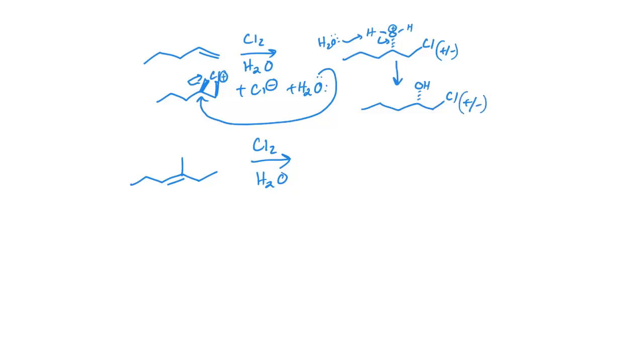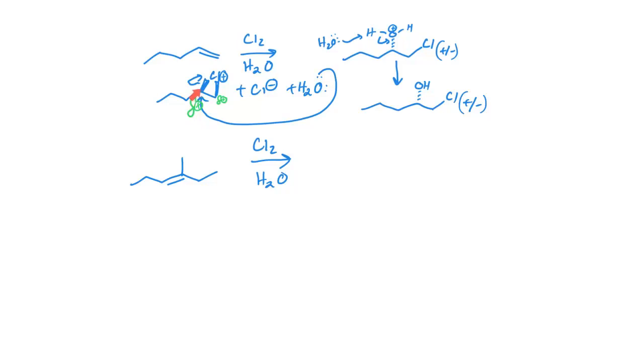And I added the nucleophile to the more substituted carbon. And we can understand this if we think about these two carbons that bear the chlorine as having partial positive charges because they have a positively charged chlorine attached to them. And so I'm going to draw partial positive charges there. I'm going to try to draw them in a suggestive fashion so that we recognize that there should be a larger partial positive charge on this carbon because it is more substituted.